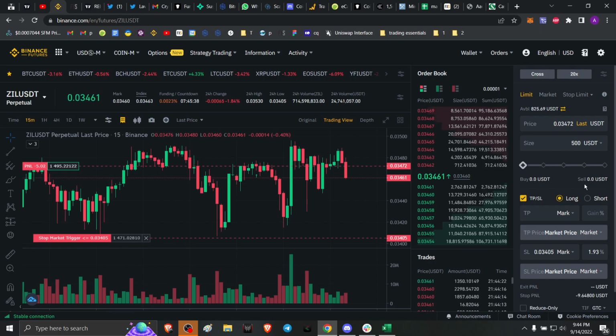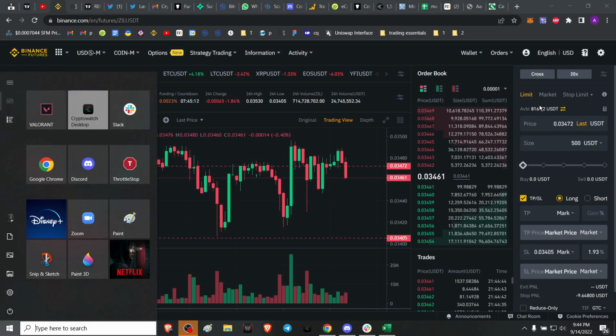So once you fill your account up with the balance that you have here, set yourself up with a rule. Say that you're not going to risk more than 5% of your account, which means that no matter how many trades you have open, no matter where your stop loss is, if the stop loss gets triggered for all these trades, you must not lose more than 5% of your account.